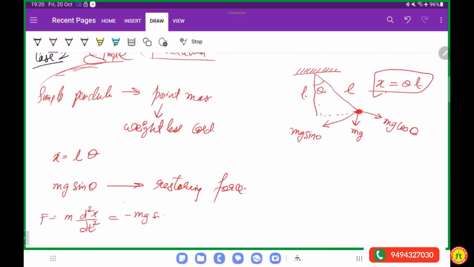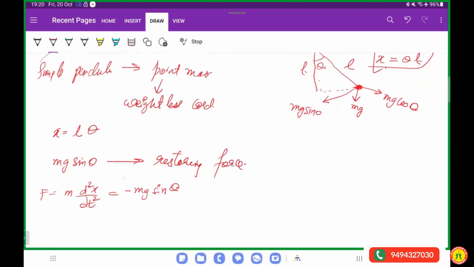No one? This is acceleration. How did we get acceleration? By velocity. How did we get velocity? By displacement. If displacement is x, then velocity will be dx by dt, then acceleration will be dv by dt. So v was already dx by dt, so here d square x by dt square, second order differentiation.